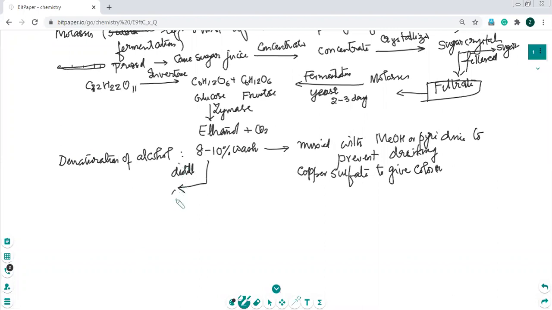Evaporation followed by condensation. This is what is called distillation. You evaporate and condense it in your separate flask. So you will get 95.6%.